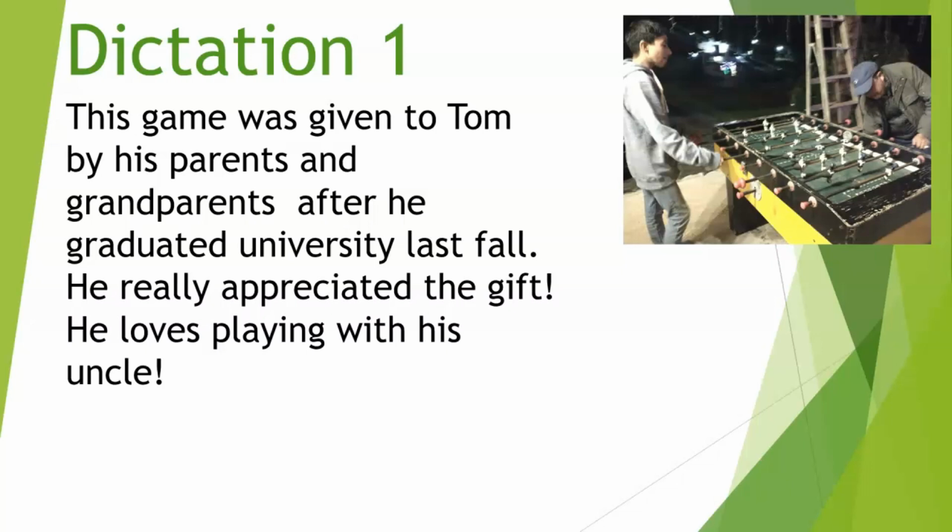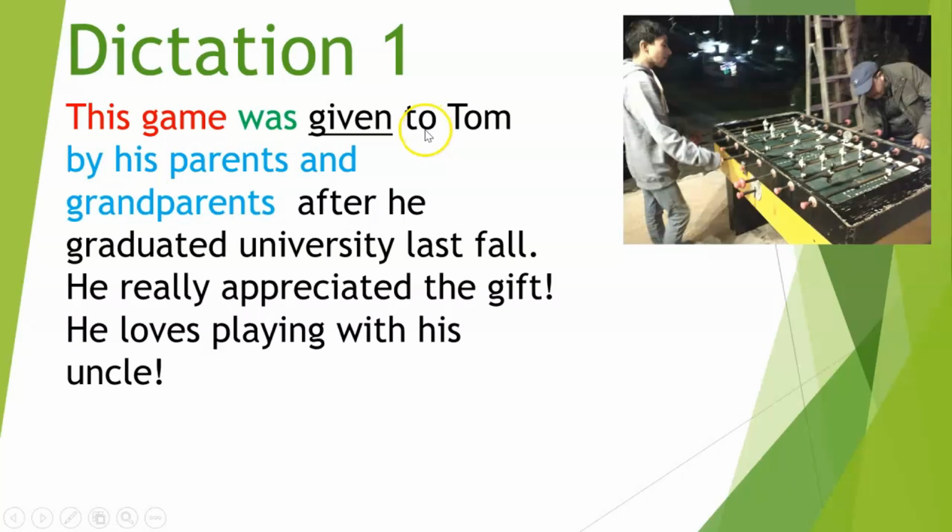Now, let's talk for a moment about the passive voice elements. In this example, we've got this game, that's the subject, was given. This is the third form. And then we've got by his parents and grandparents. This game was given by his parents and grandparents.